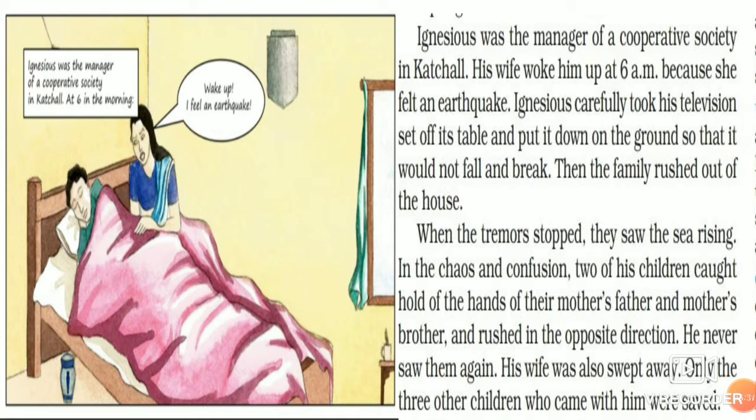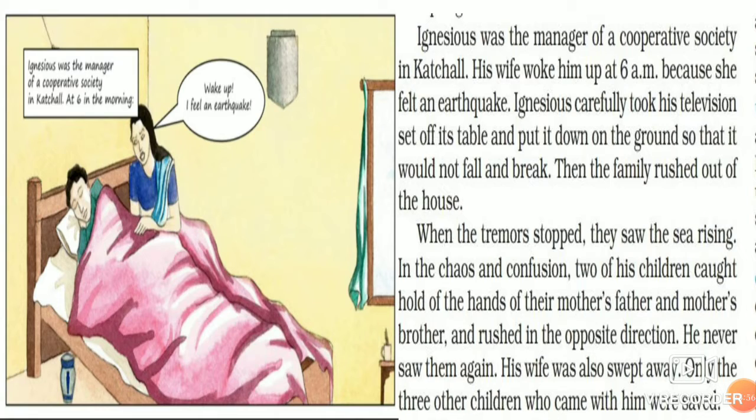While they were in deep sleep, early morning at 6 o'clock, his wife woke him up because she felt an earthquake. As soon as he woke up, he took the television and put it down from the table, because he thought that due to the vibration the TV might fall and break. Then the whole family rushed out of the house.